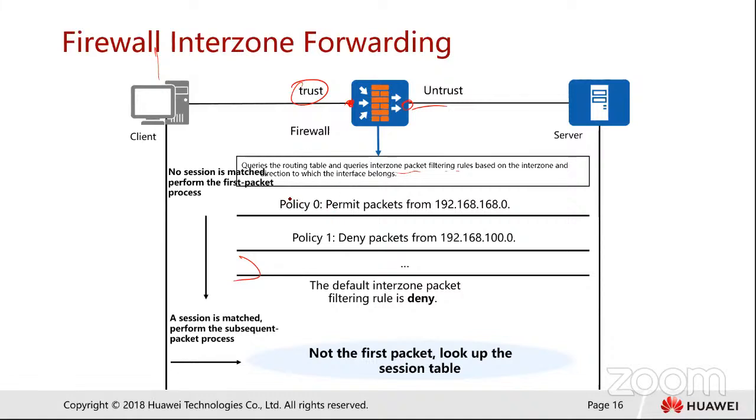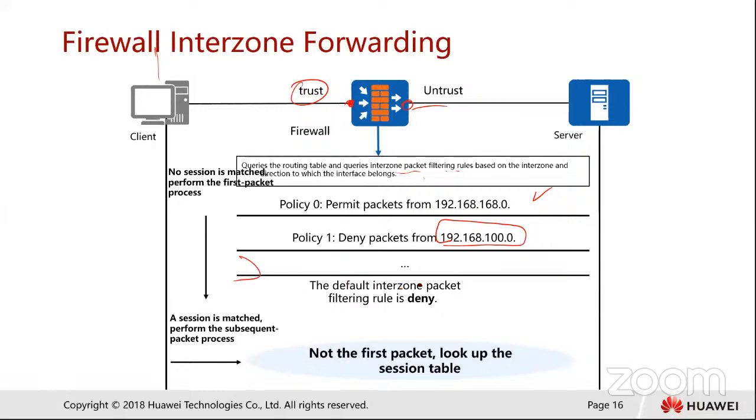So it says policy 1, we are going to permit packets that are coming from 192.168.168.0, and if this is our IP for this packet, it's going to allow. And then we're going to tell it, you know what, you're going to go ahead and deny packets that are coming from this IP address. And if this guy was the one with that IP address, the packets would be denied.